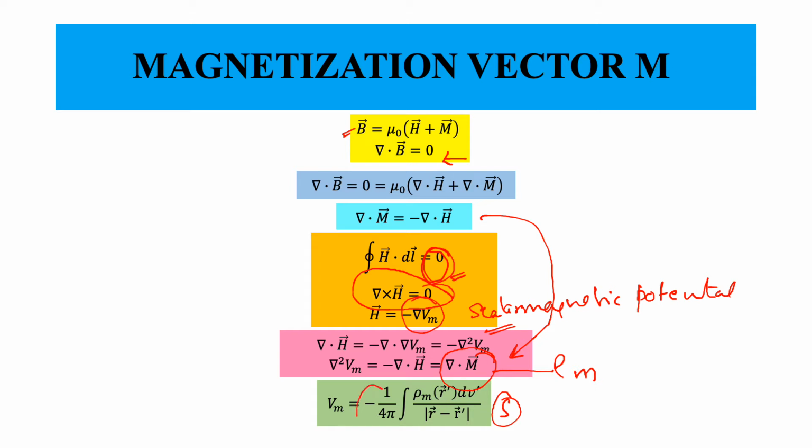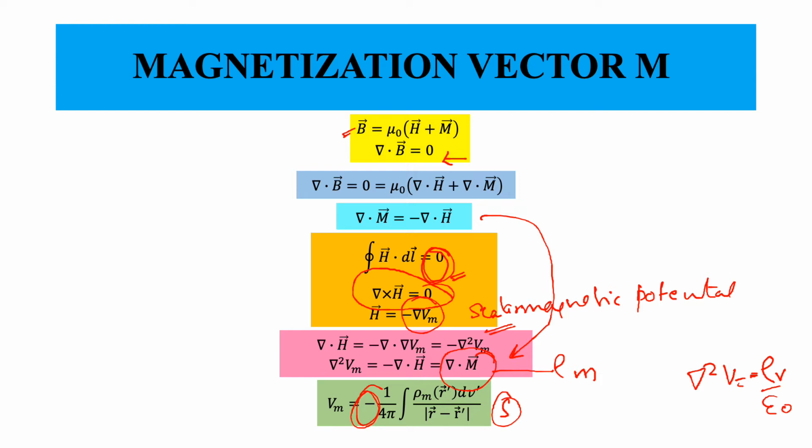Okay, why is there a minus sign here? Because if you remember the solution of electric potential, del square V is equal to minus rho V by epsilon naught, and you have seen that there was no minus sign in the solution there. So because there is no minus sign here in this expression, del square Vm equals del dot M, this expression will have a minus sign.